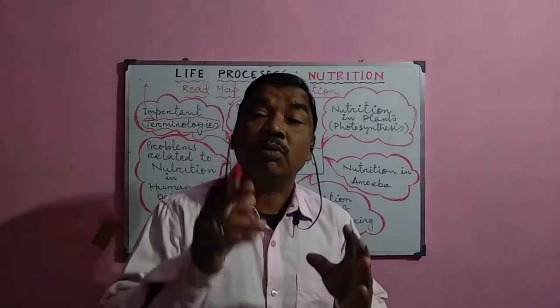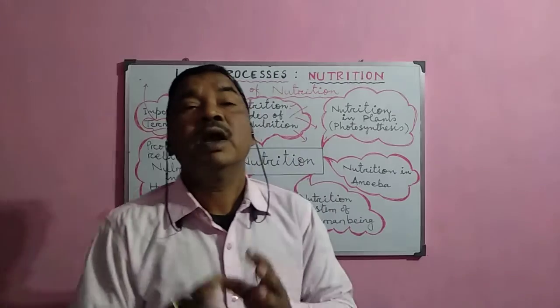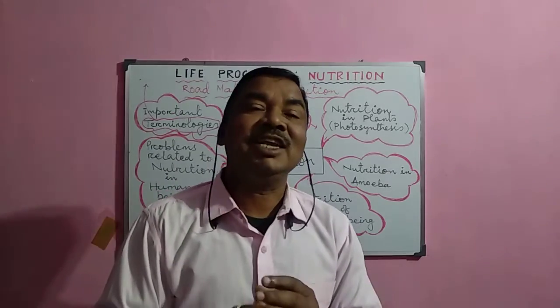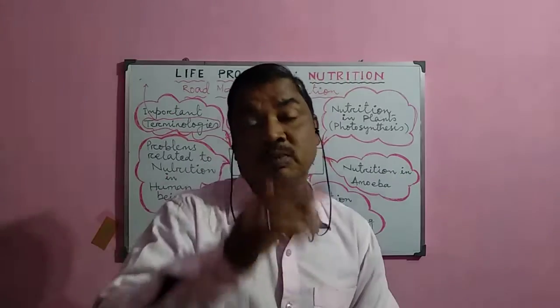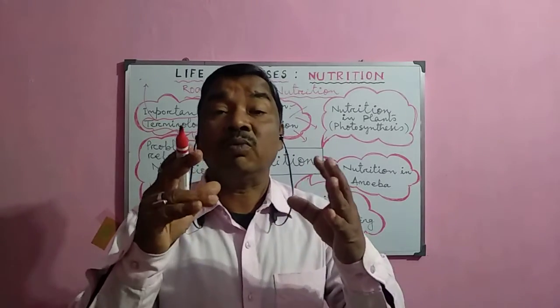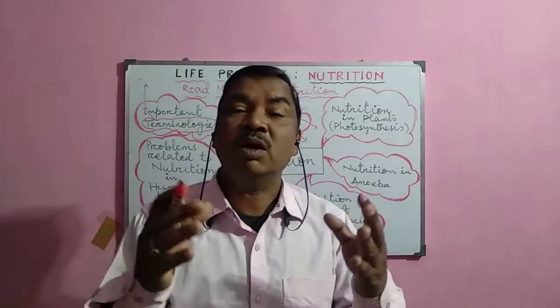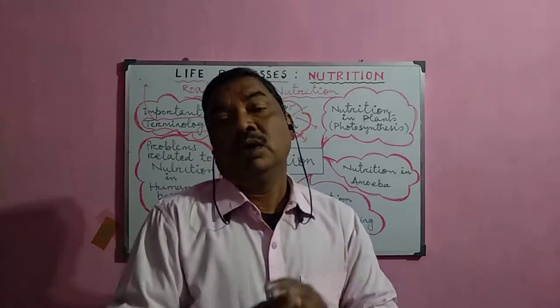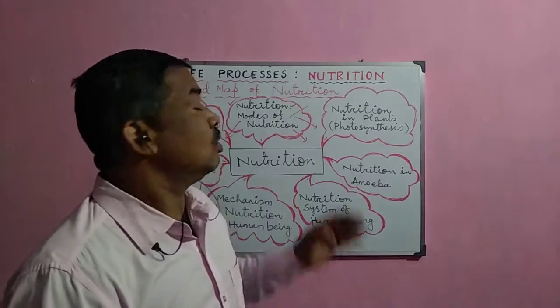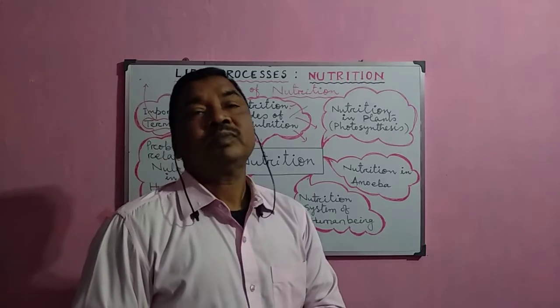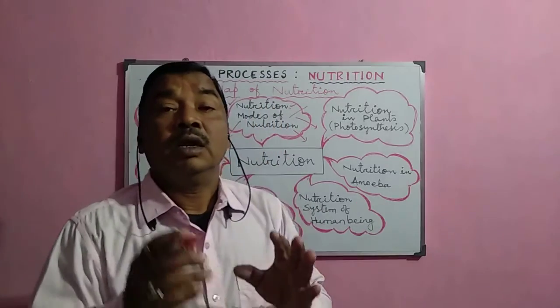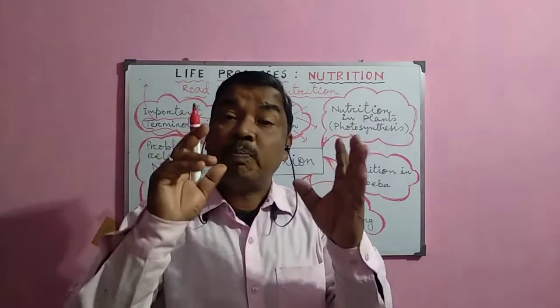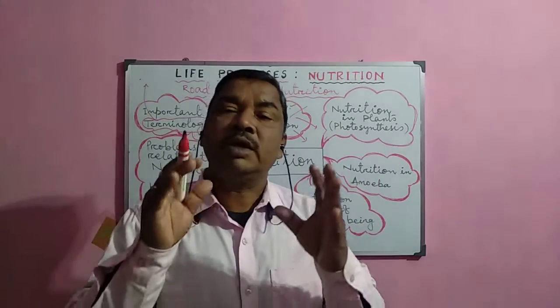And another, the most important mode of heterotrophic nutrition, is holozoic nutrition. This mode of nutrition is observed in the higher animals like human beings, lion, tiger, even in the amoeba. Now, this holozoic mode of nutrition normally takes complex food material from nature.